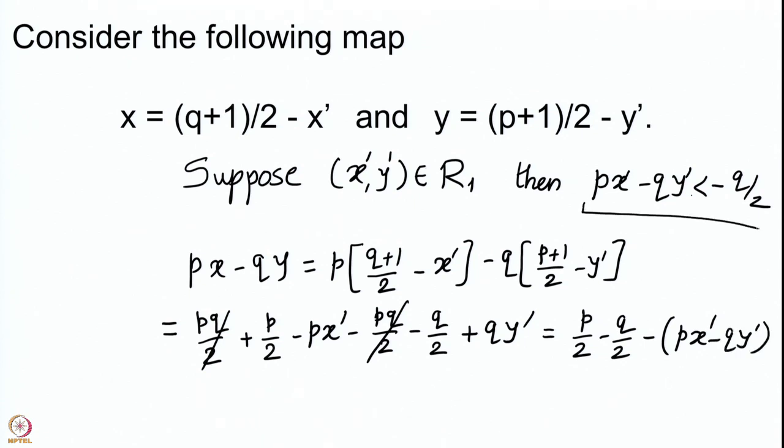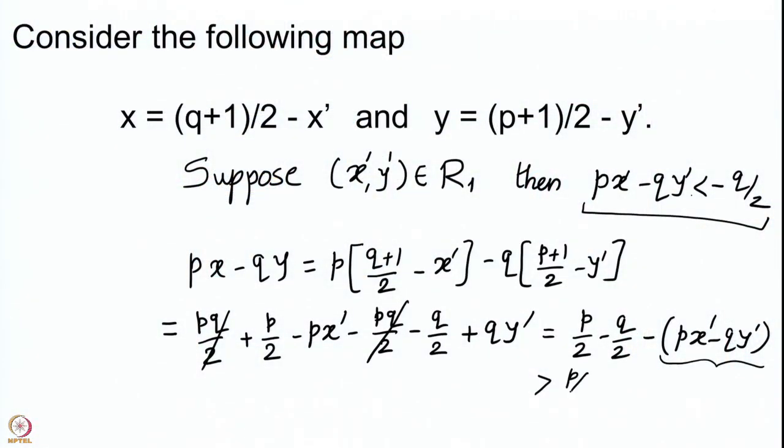Here Px prime minus Qy prime is less than minus Q/2. Therefore, this quantity in the bracket is less than minus Q/2. So, when you put a minus sign to it, it will become bigger than Q/2. Okay. So, this is now bigger than P/2 minus Q/2, and here I will have another Q/2 with a plus sign, because this minus sign will be multiplied by another minus sign to give you plus sign.